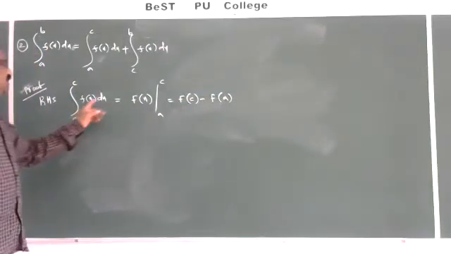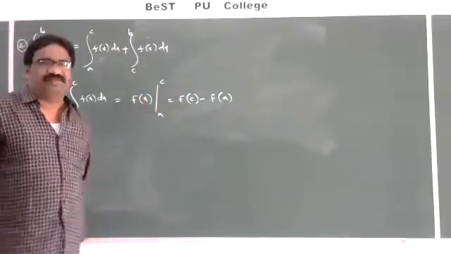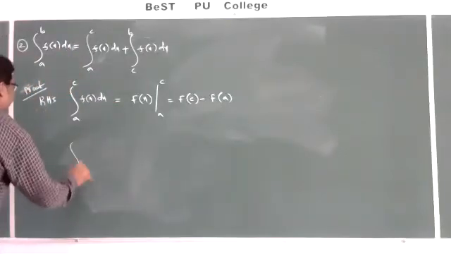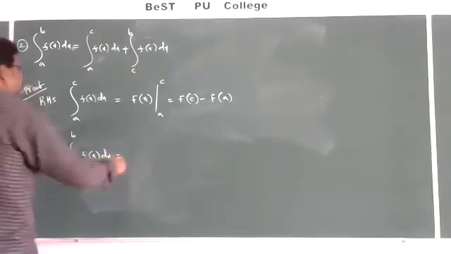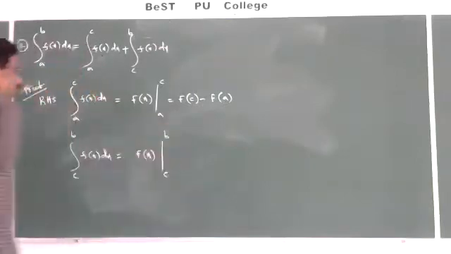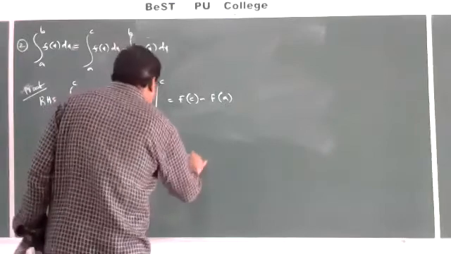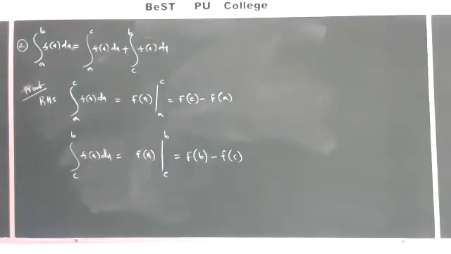That is the meaning: the integration of f of x is capital F of x, then substitute upper limit minus lower limit, F of c minus F of a. And integral c to b f of x dx is equal to capital F of x from c to b, that is equal to F of b minus F of c.